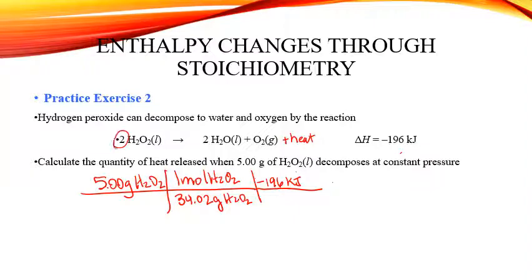And notice now that I have a coefficient of 2. So I would now write 2 moles of H2O2. So 2 moles of H2O2 produces 196 kilojoules of heat. When we solve, we should end up with approximately negative 14.4 kilojoules of heat being released.